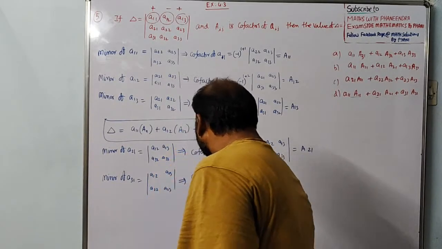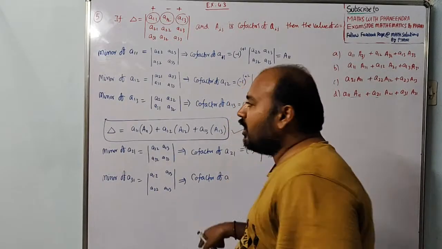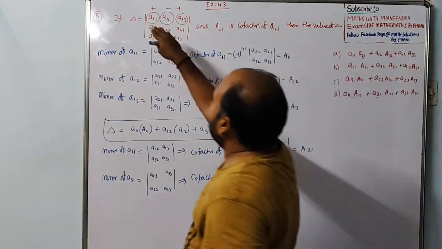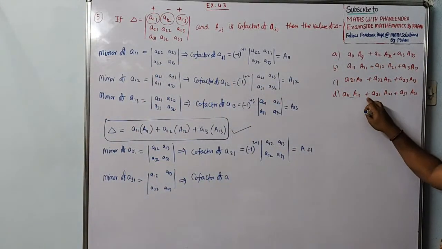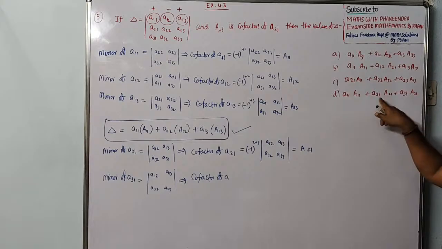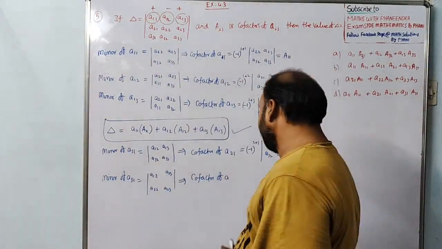That implies cofactor. They did not mention with respect to first row or first column. But according to the options, if you see A11, A21, A31, it will be according to the first column only.